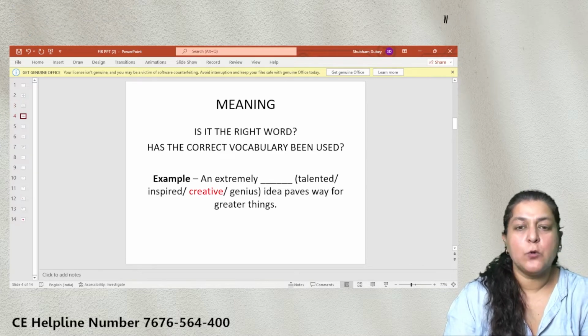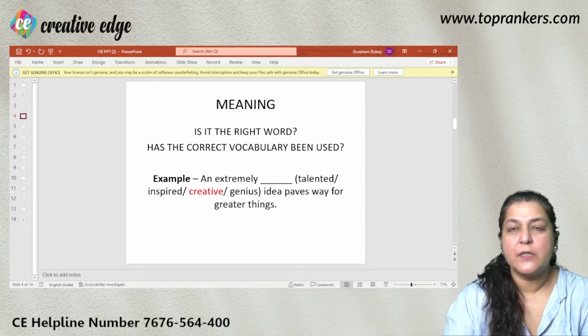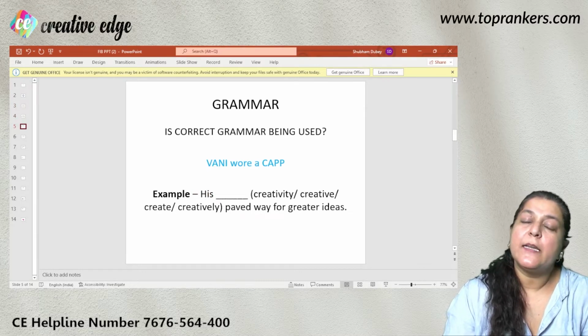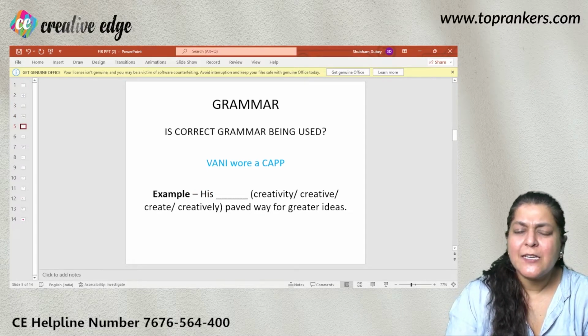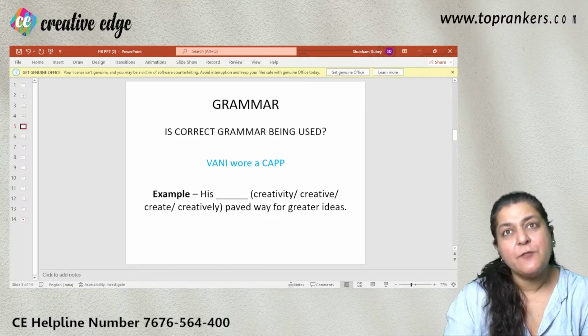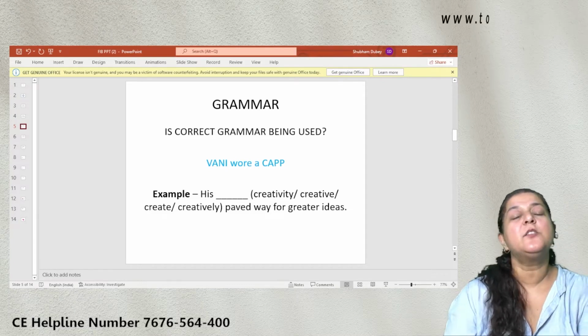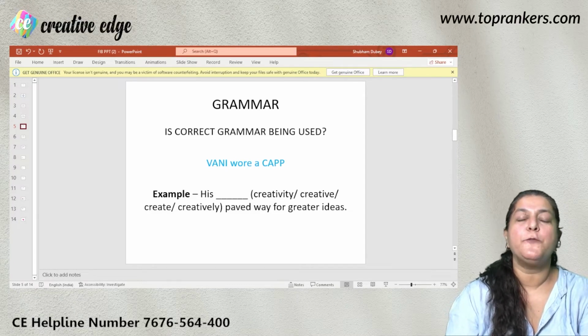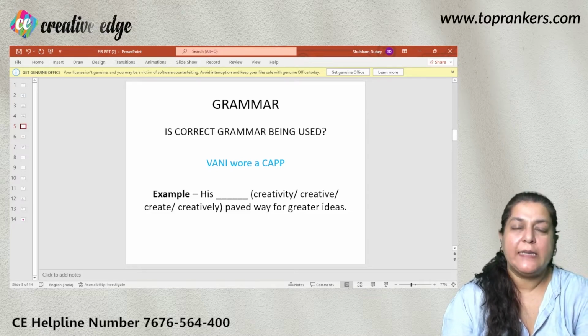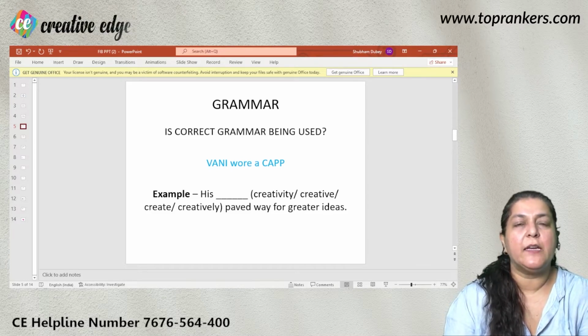All right, let's go on to the next thing: grammar. Is the correct grammar being used? You can see that there is something given in blue font. When I say Vani wore a cap, it is just to remind you of the parts of speech, a quick recollection of it.